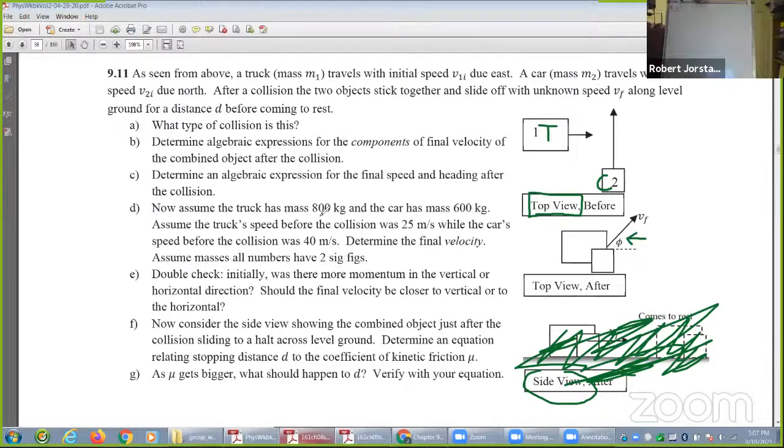Now, look at this problem right here. Look at these ones. Maybe that'll give you an idea. Okay, so I'll let you do that while I check the chat. Okay. All right.